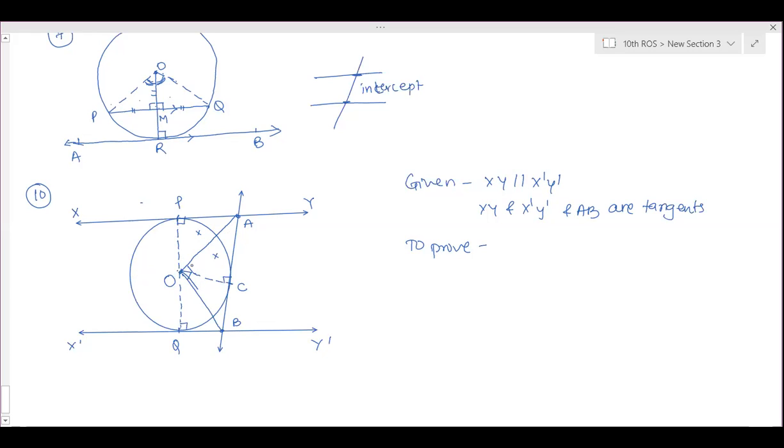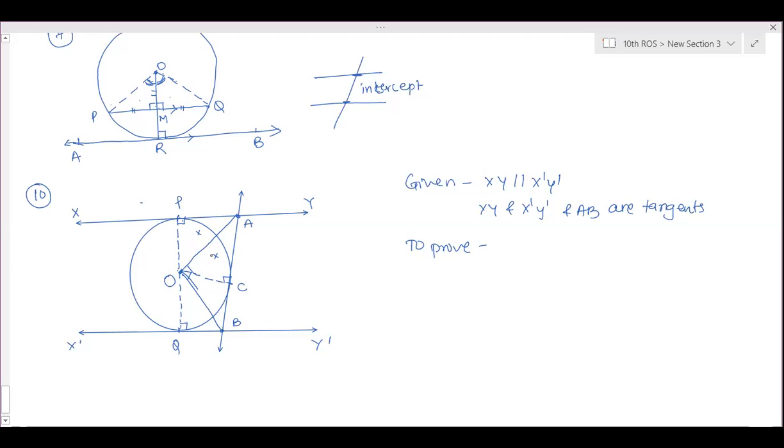You can use RHS, SAS, or SSS. Many are possible. AP is equal to AC, tangents from an external point. AO is common and PO is equal to OC. That is SSS. Right angle, common side, and radius are RHS criteria. These two triangles will be congruent. Any one of them you can use to prove congruency.